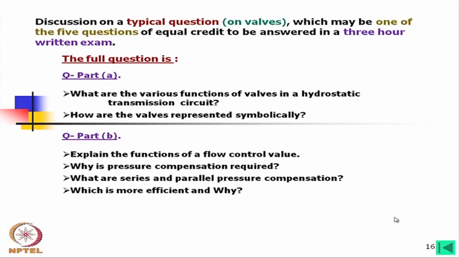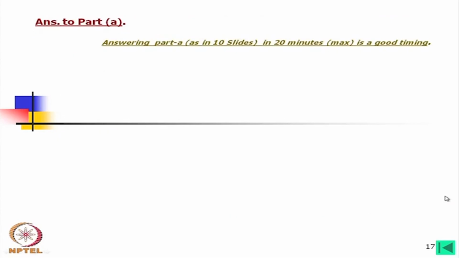And then which is more efficient and why? Now, the estimated time for answering will be around 35 minutes. Let us see. I will discuss very quickly, but you may get 35 to 40 minutes to answer this question.